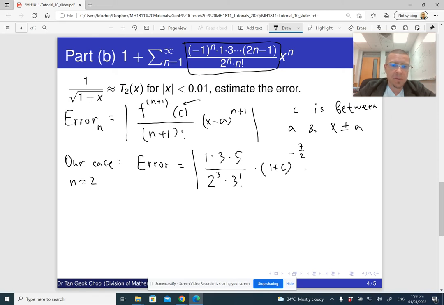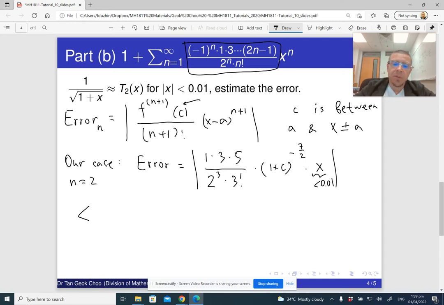Times x. Okay, so this is less than, so x is less than 0.01, right? So we know that x is less than 0.01.